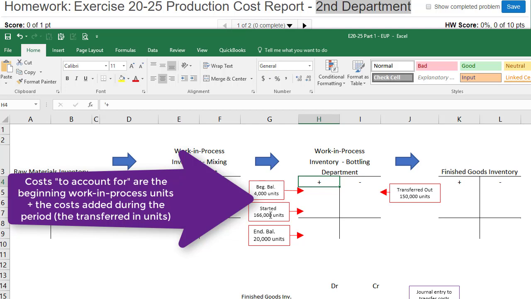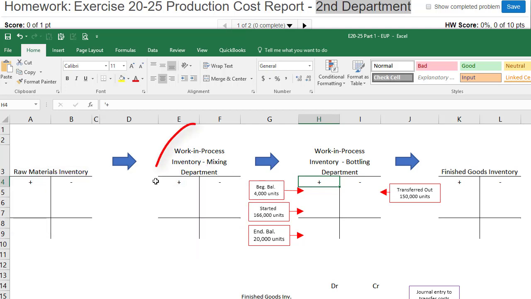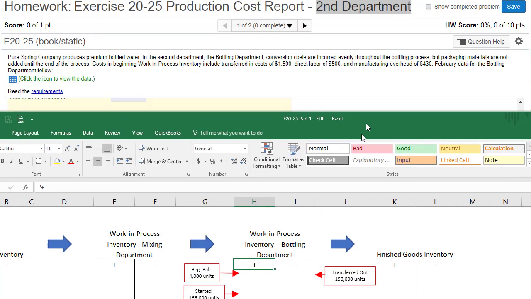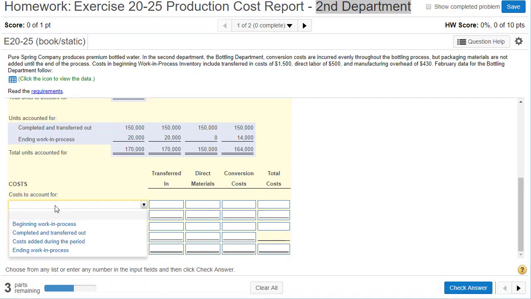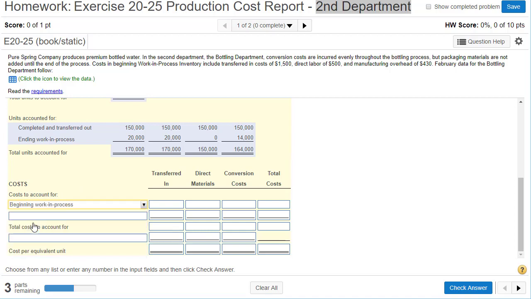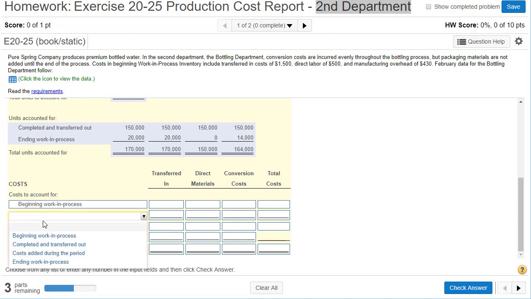So basically these started units were transferred in from the previous department, and then we added more costs to them in this bottling department process. So our units to account for are the beginning balance, and then our additional costs to the transferred in units. So our labels are going to be beginning work in process and costs added during the period.